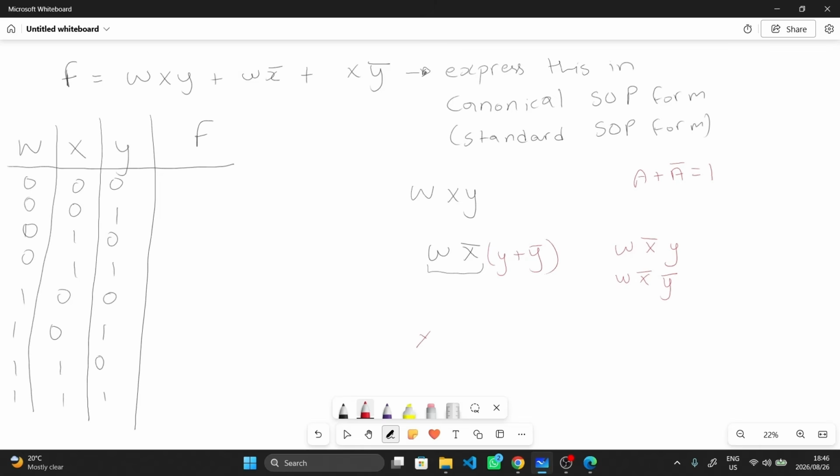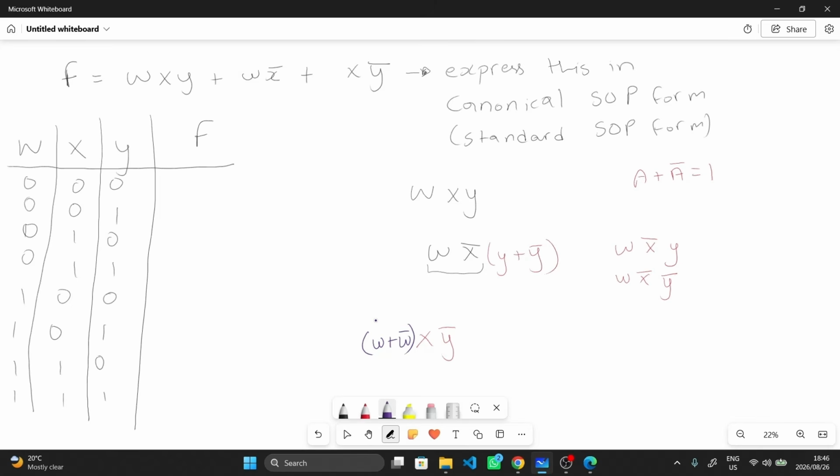And then we have another term here. We have x and y, so we are missing which value? W, so we are missing w plus w complement. Always remember, if you are missing a term, it's always that term and its complement.